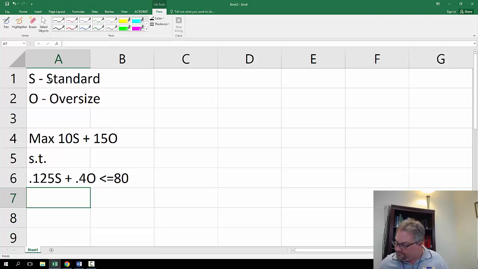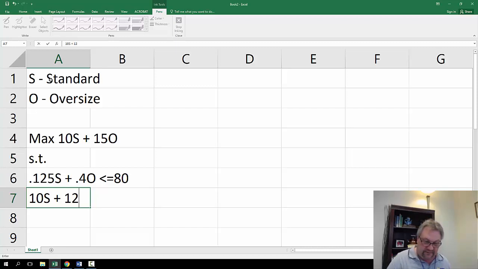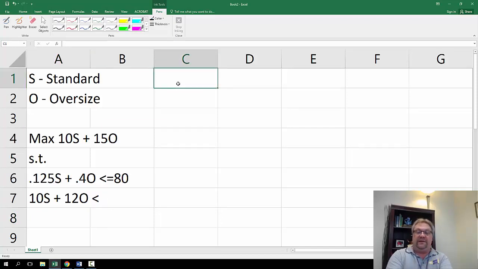Then I have my manufacturing time. The standard racket uses 10 minutes, plus 12 minutes for the oversize, and that has to be less than or equal to the 40 hours available per week. I want to do this over 2 weeks, and because these are in minutes, I want to convert the 40 hours to minutes.